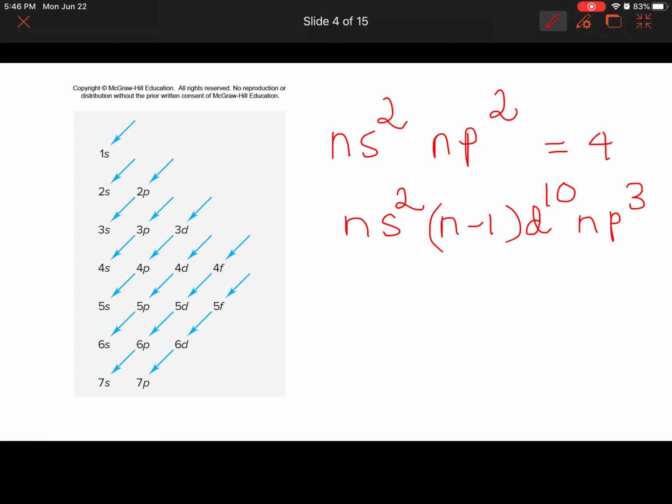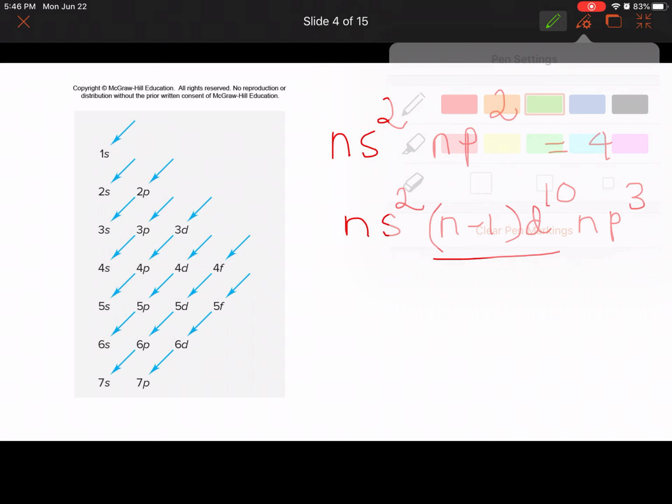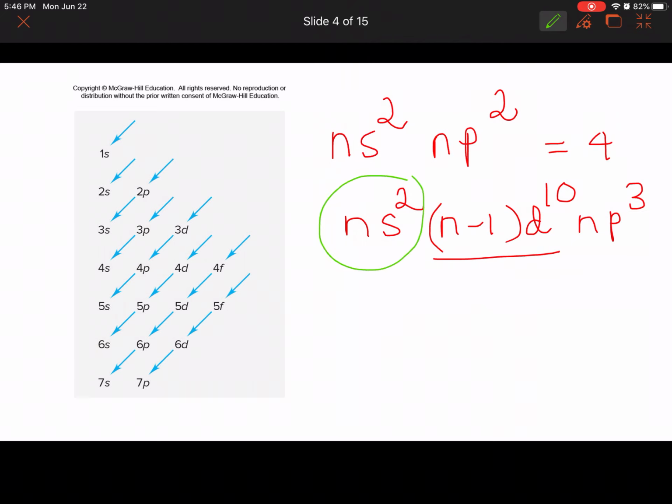Now in this case, the d is completely filled. If the d is completely filled with d10, you don't consider them as your valence electrons. So then your valence electrons are going to be the highest number of n, s and p together. So we have 2 and 3, 2 plus 3 equals 5. So the valence electrons are going to be 5 for number 18.